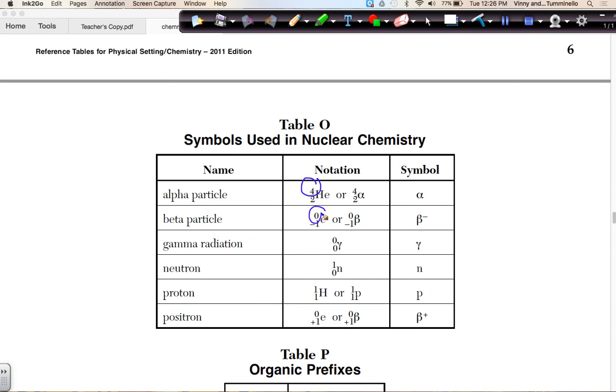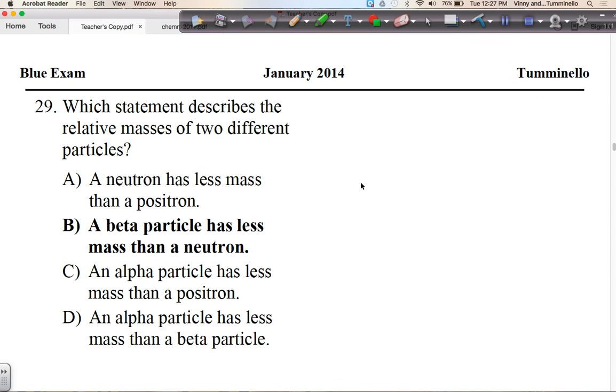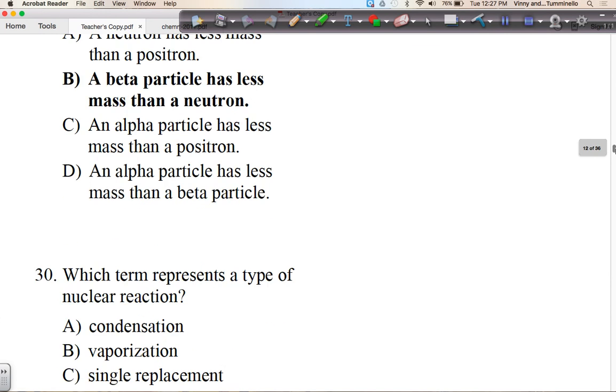A beta particle's mass is listed as 0. It's 1 over 1836 of an AMU. Neutron is listed as a mass of 1 atomic mass unit. Proton is listed as a mass of 1 atomic mass unit. So if we go back to the question, we know that a beta particle has less mass than a neutron because its listed mass number is 0, where the neutron's listed mass number is 1.